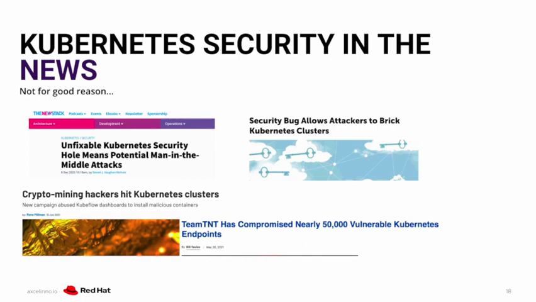Now, the thing is that Kubernetes is great. However, let's think about security. That's what we're talking about here today. So we see these things like unfixable security Kubernetes hole, man-in-the-middle attacks, security bug allows attackers to brick clusters, things like that. So what does this mean? Again, going back to security, you might be thinking, well, won't these things impact OpenShift as well?